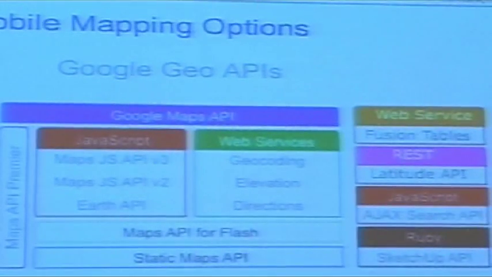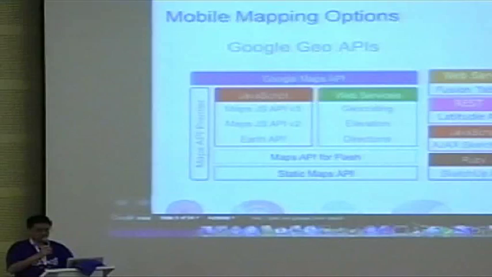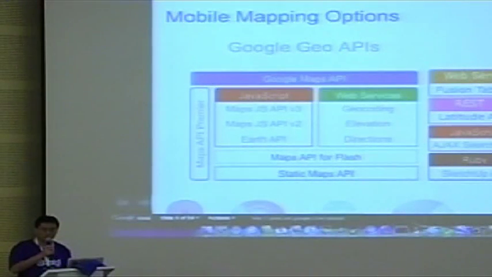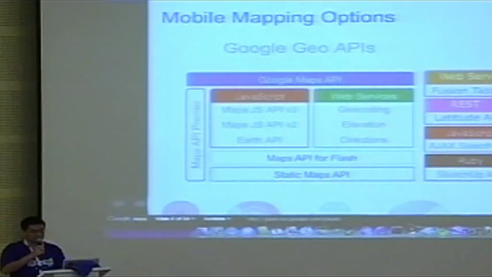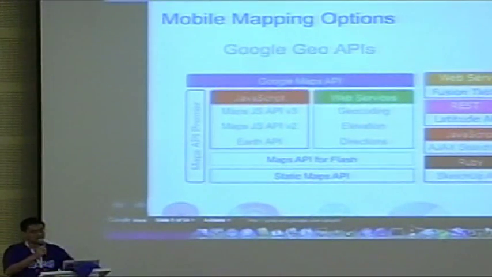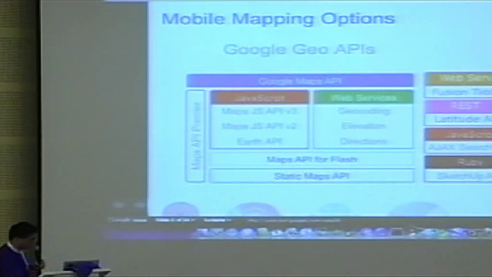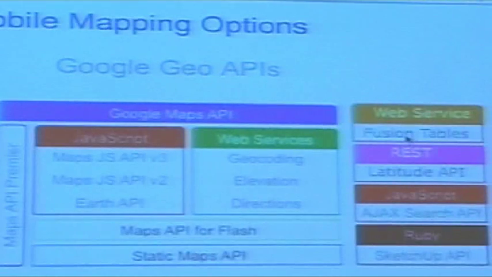Before we jump into it, this is an overview of Google Maps APIs. This is the whole stack of Google Maps APIs. We have JavaScript V3 and V2, and V3 is the default version. We have a whole bunch of services here: geocoding, elevation, and directions. We also support Maps API for Flash and the Static Maps APIs. On the right column here, we're continuing to develop more features. Fusion Tables is a new one.